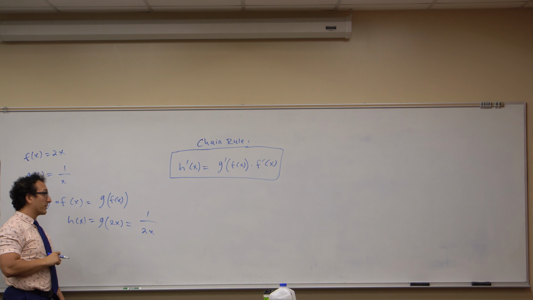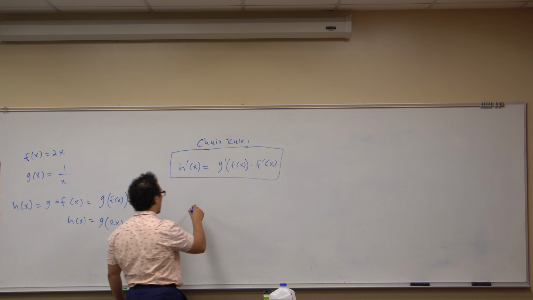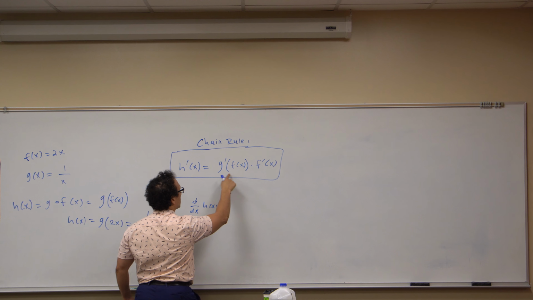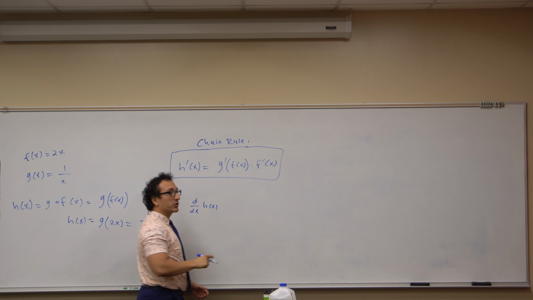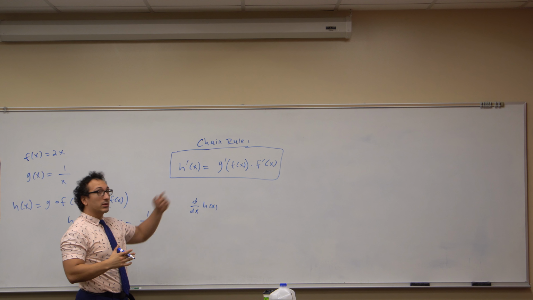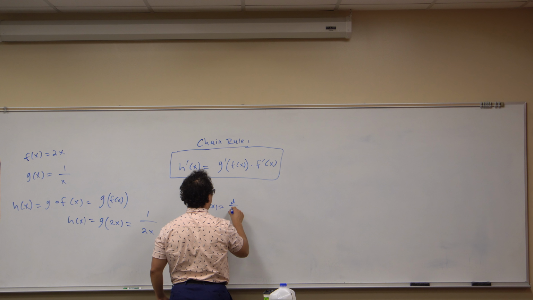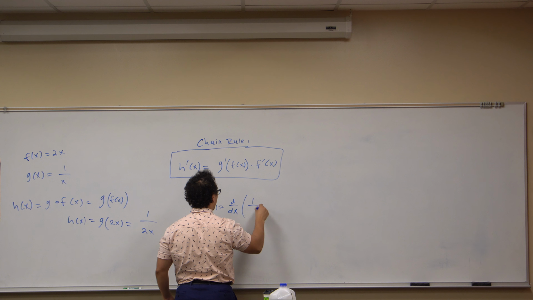Let's take the derivative of h of x. We know that it should be equal to this stuff, but I'll show you a simple way to do it that is also equivalent to that way. d/dx of h of x, that's the differential operator on 1 over 2x.